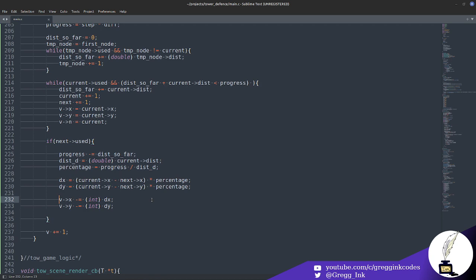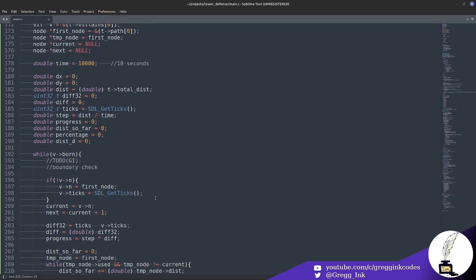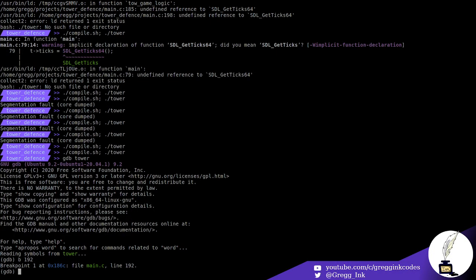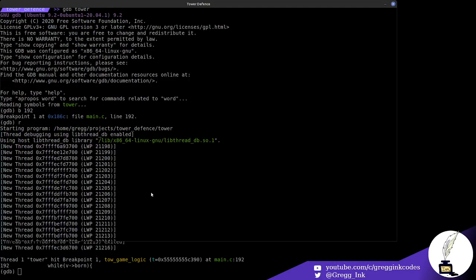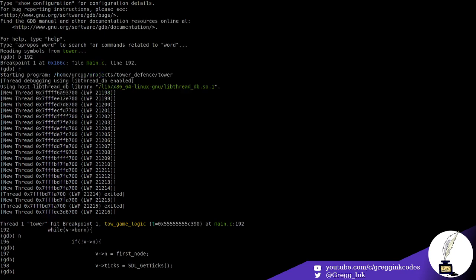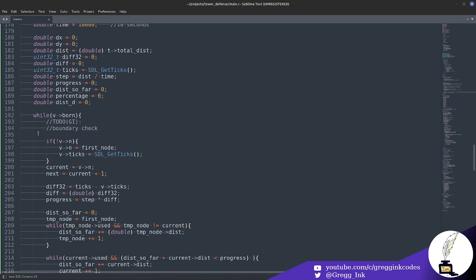GDB tower, 192. If not the end. So where are we? We're here.